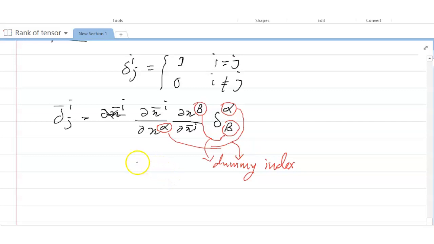So friends, very simple. Now I have to do it this way: del x bar i divided by del x alpha, and del x beta, and del x bar j. This is the dummy index, so I can write it this way: del x1 and del x bar i.